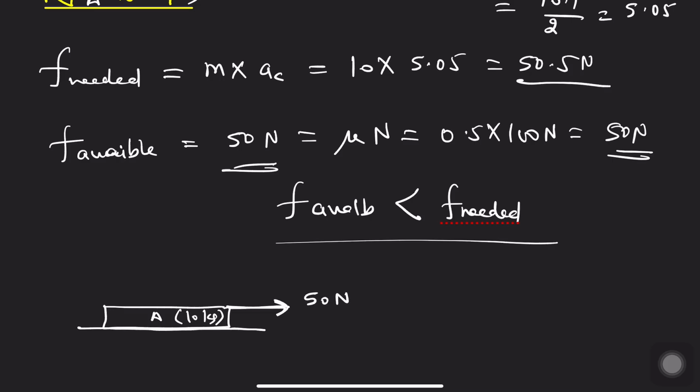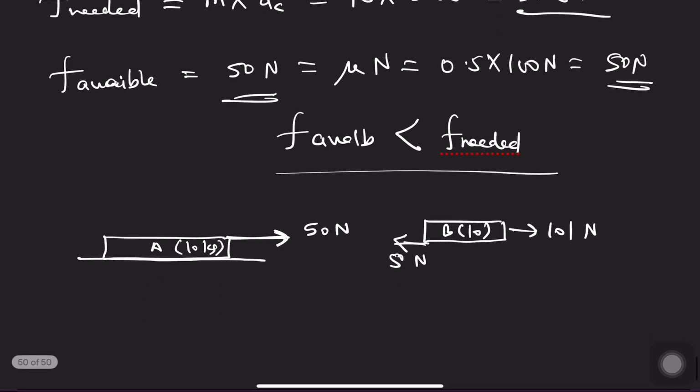For the upper block, block B, also 10 kg, the side force is 101 Newton, and of course the reaction pair of this friction will act on it, which is also 50 Newton. Now we can apply Newton's second law for individual bodies and calculate the acceleration.